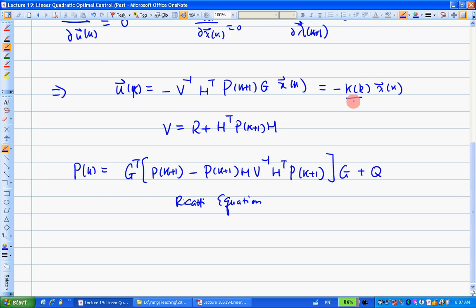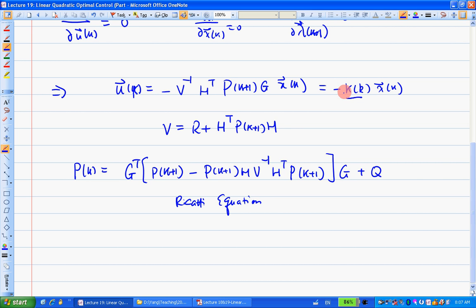And this K is essentially equivalent to the K we have been learning or designing in pole placement control. In pole placement control, you find the feedback K by giving the desired pole locations.